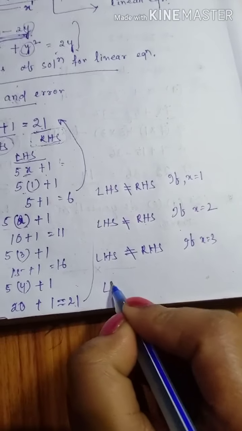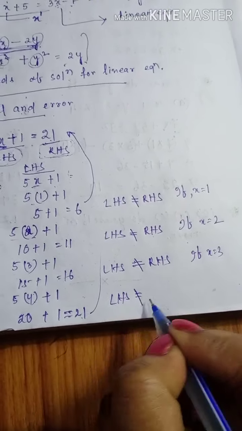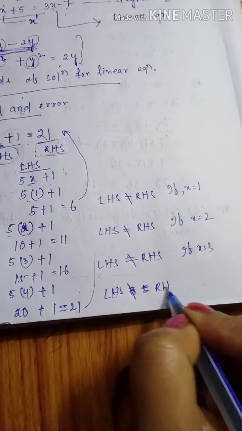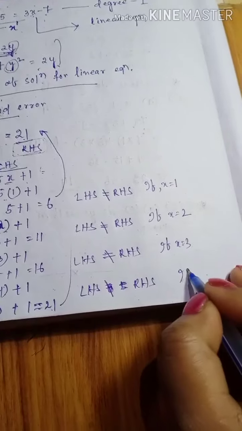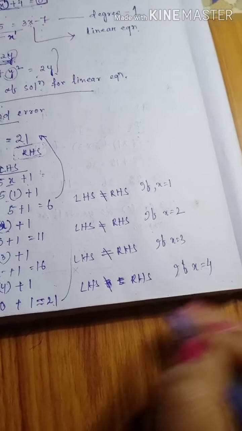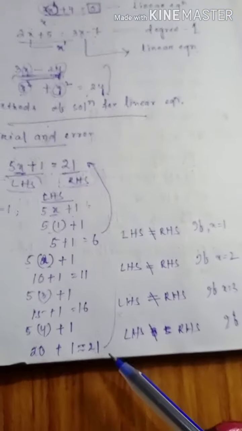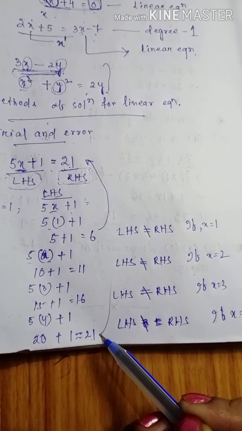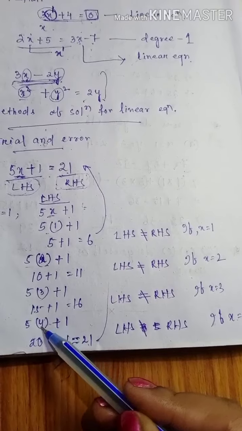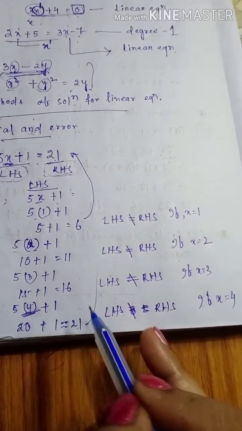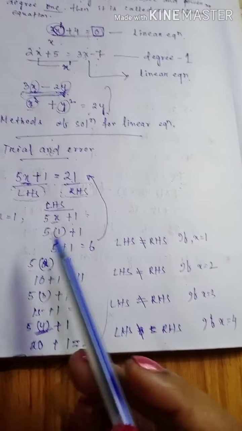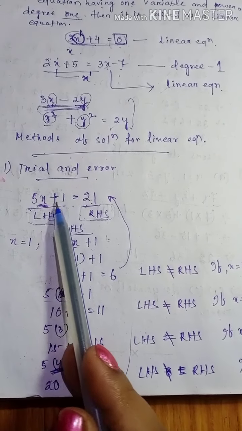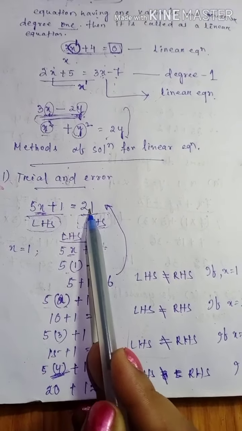So what I am writing here: LHS is equal to RHS if x is equal to 4. That means the solution of this equation is x equal to 4. If x is equal to 4, then I am getting the solution of this equation. 5x plus 1 became 21.